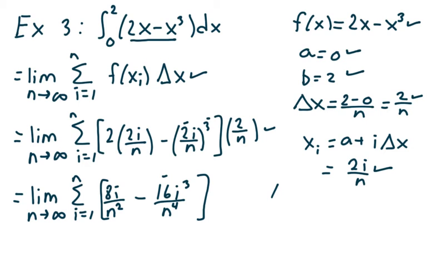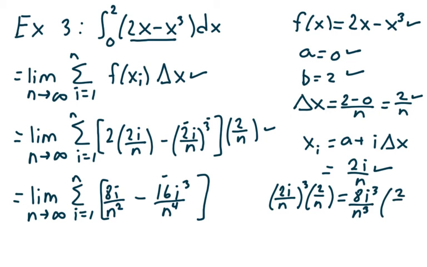Does that make sense? So I'm going to take 2i over n cubed times 2 over n, which is 8i cubed over n cubed times 2 over n. n cubed times n is n to the fourth, and then 8 times 2 is 16, so I get 16i cubed over n to the fourth.